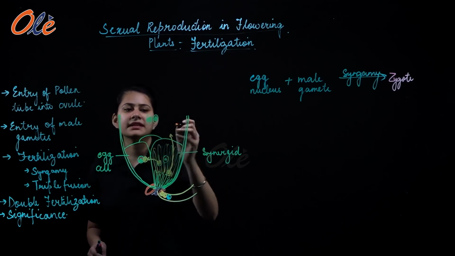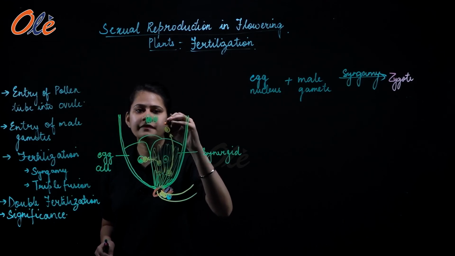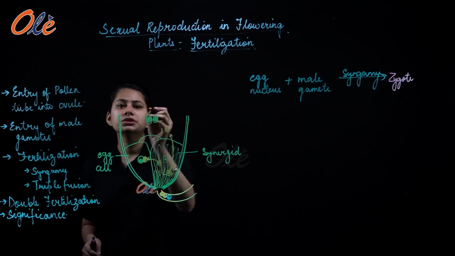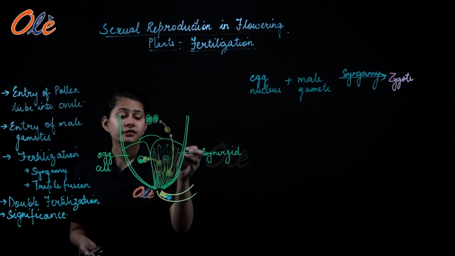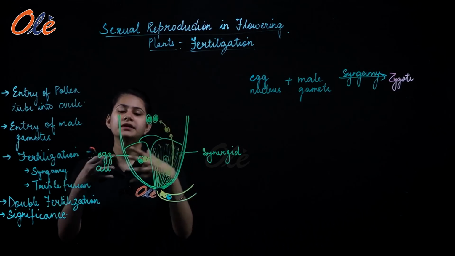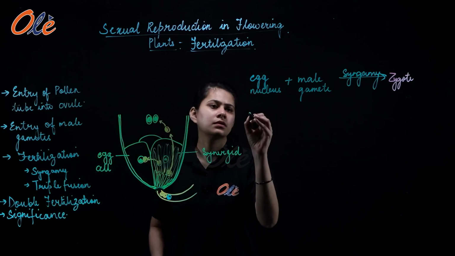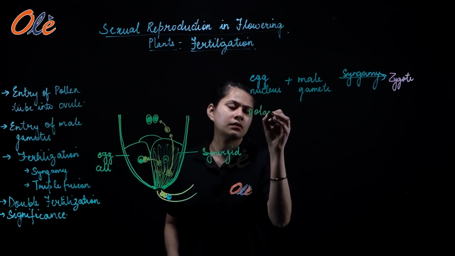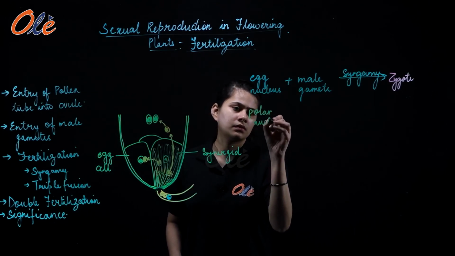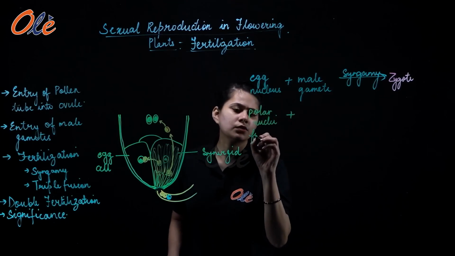And this male gamete that you see here is going to go ahead and fuse with the two nuclei which are present here. And before this male gamete fuses, these two nuclei are in turn going to fuse. So these two polar nuclei are going to fuse. Right? So the polar nuclei will fuse.